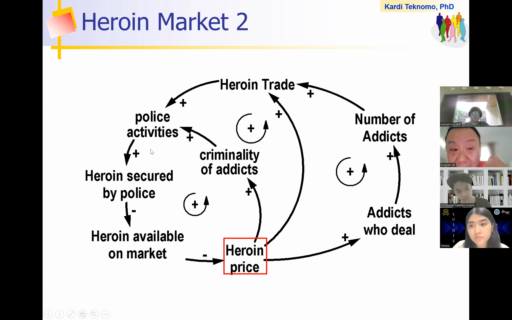So meaning the police activities will actually increase the criminality of the addict. Wow. Can you see that? So look, we discussed all of this just based on the CLD, causal loop diagrams. You don't even put any numbers here yet. Amazing, right?